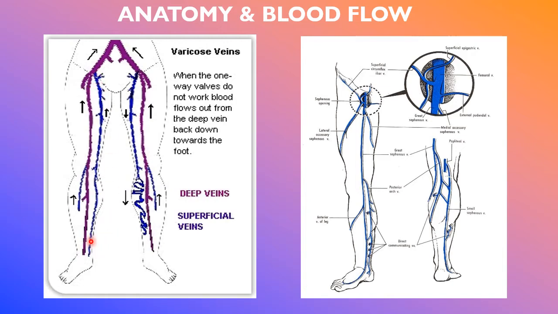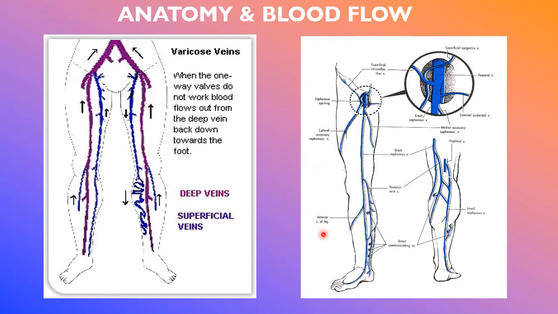The superficial system drains the blood from the superficial part of the limb into the deep system through a number of deep perforators in the calf, the lower end of the leg, and the thigh.